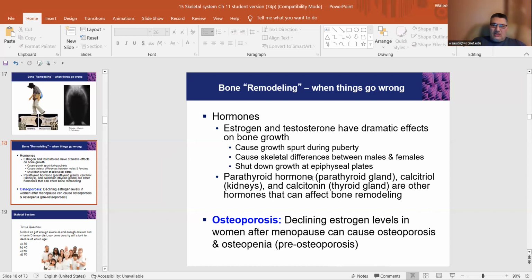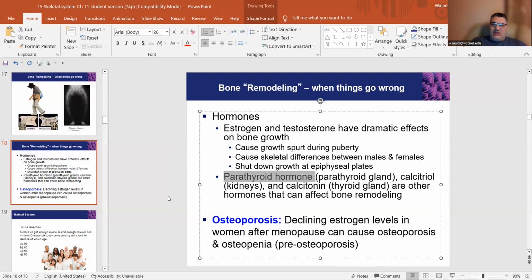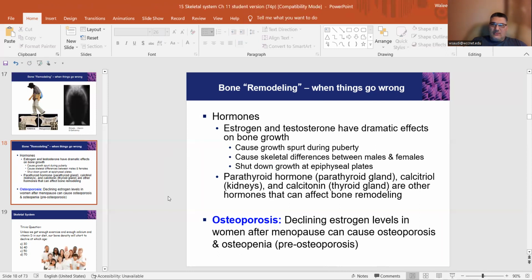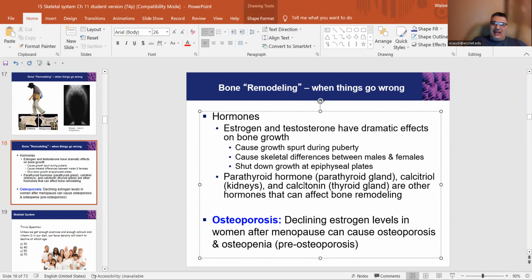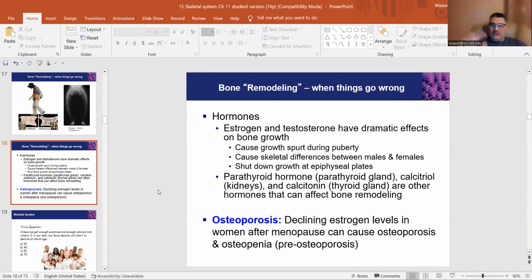One more thing here, there is a hormone called parathyroid hormone. This hormone is responsible for increasing calcium. The opposite is another hormone called calcitonin. It drops calcium. Parathyroid hormone increases calcium. Calcitonin decreases calcium. So which one? Balance.